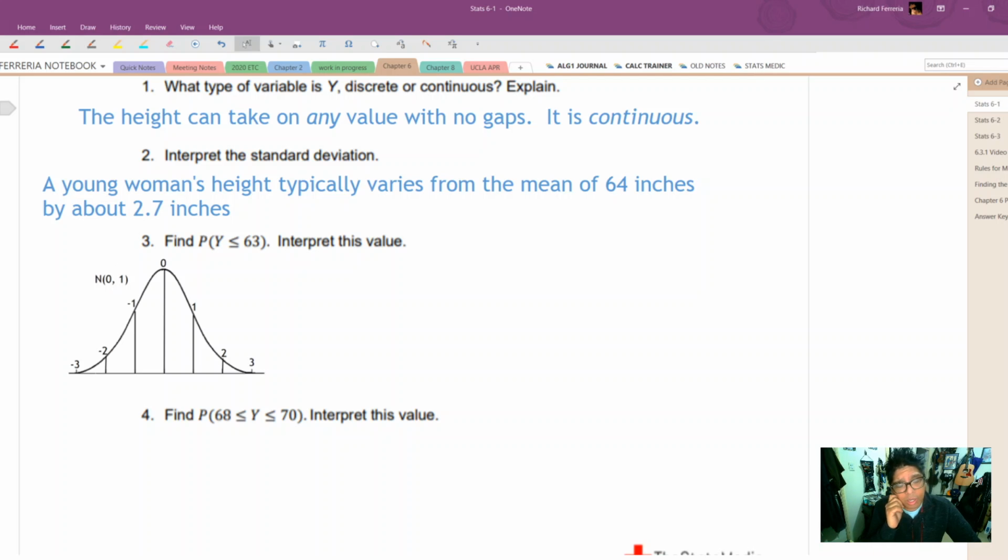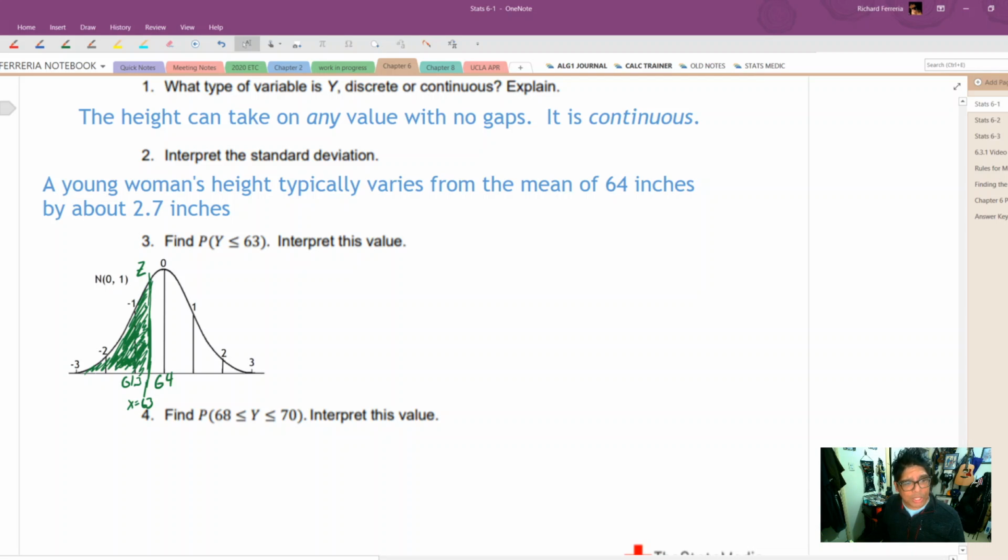Next, you're going to find the mean and the standard deviation, and you're going to label and shade the places that are important to this problem. For us, that means that we're looking at less than 63. If we look, 63 is right here to the left of the mean of 64. So we're looking at a probability of less than 50%, maybe around 40%.